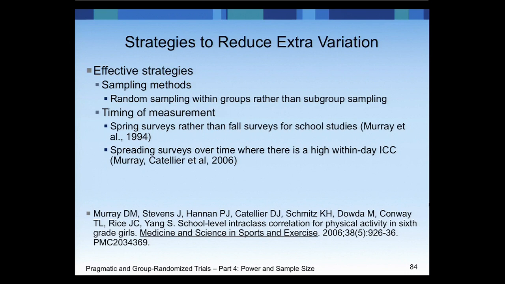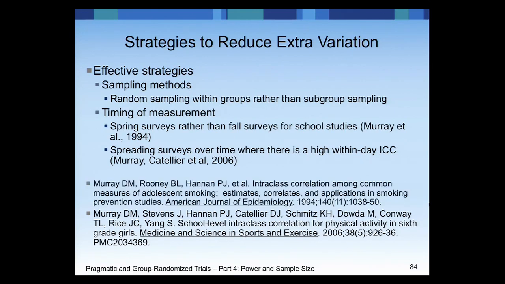And that's going to drive the intraclass correlation up if we collect all of our data in the same school, in the same day. The way to deal with this is to spread the data collection out over time. So go back to the school on several different days, spread over a 1 or 2 week period, and that will drive the intraclass correlation down compared to what it would have been.